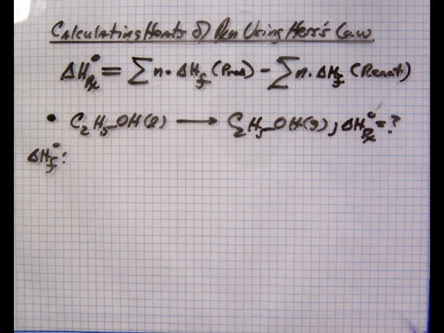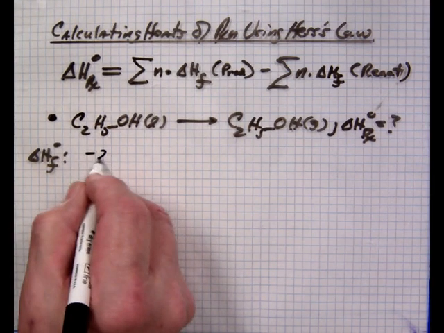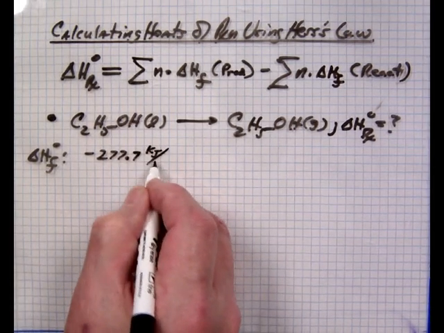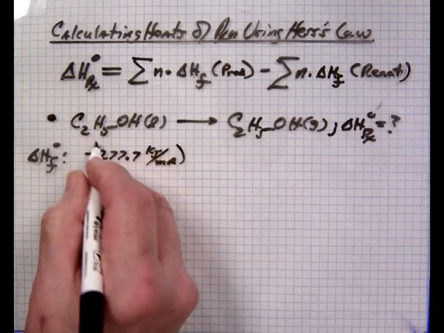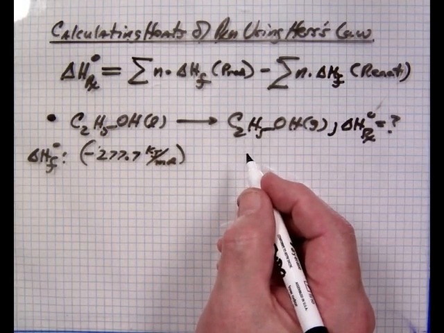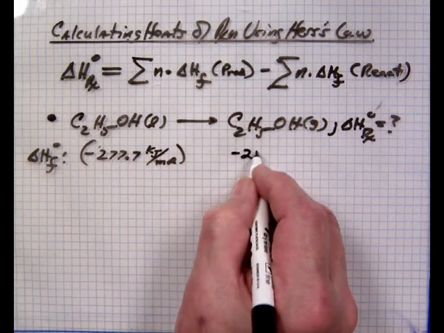Okay, so the liquid is, we're going to evaporate it, so we have a minus 277.7 kilojoules per mole. And over here we have a minus 235.1.